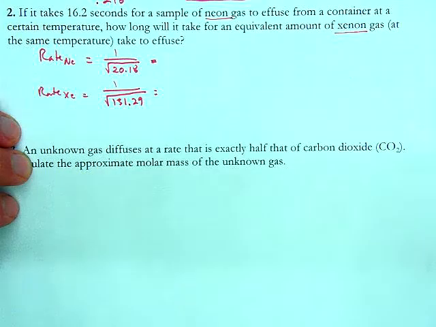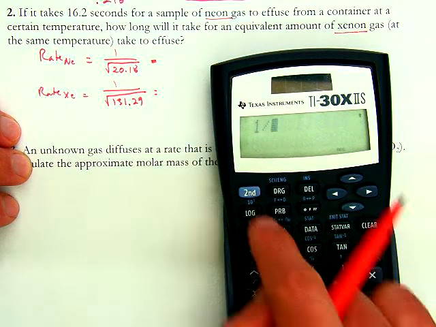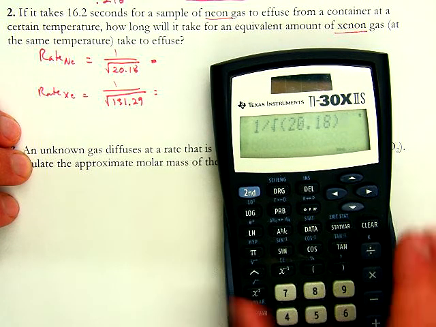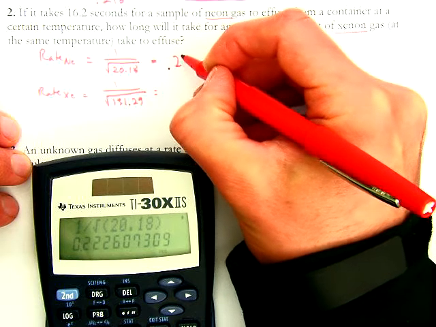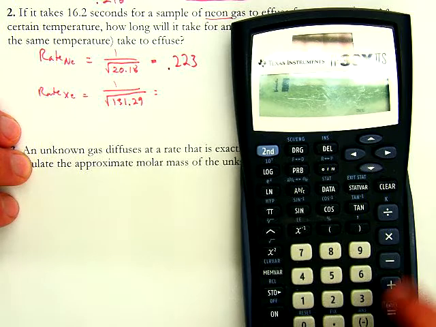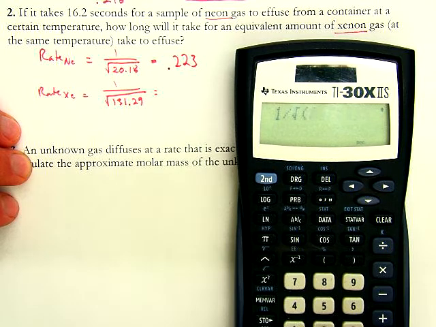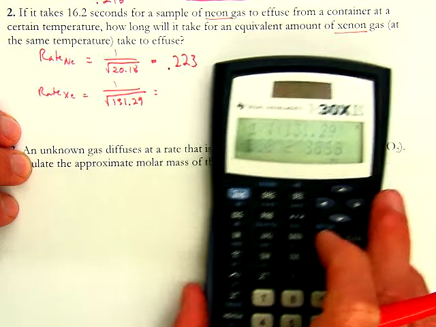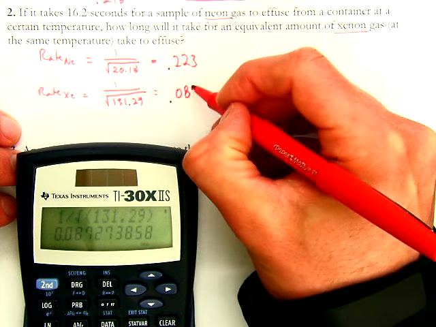Okay, so let's just see what we get for each of those rates. So we're comparing them. 1 divided by the square root of 20.18, 0.223, and 1 divided by the square root of 131.29, we get 0.0873.